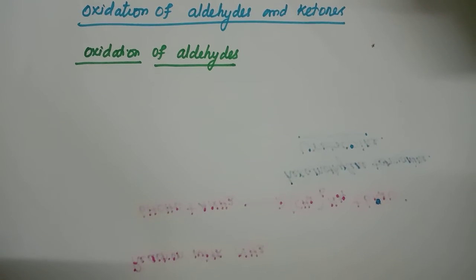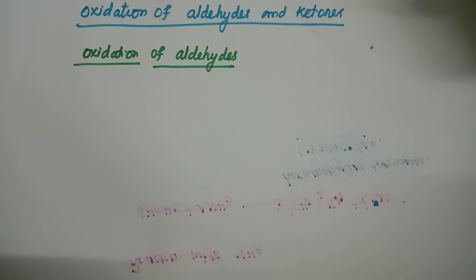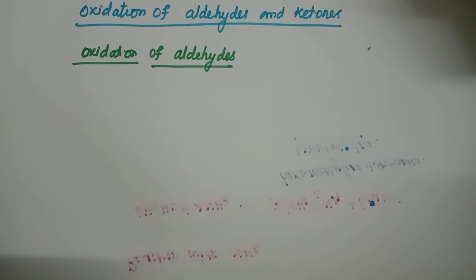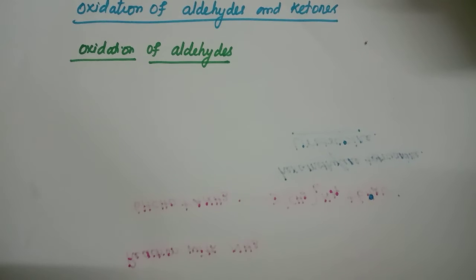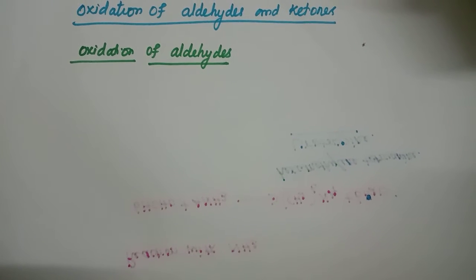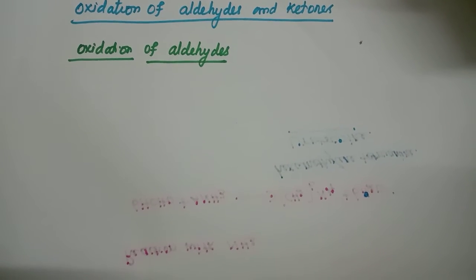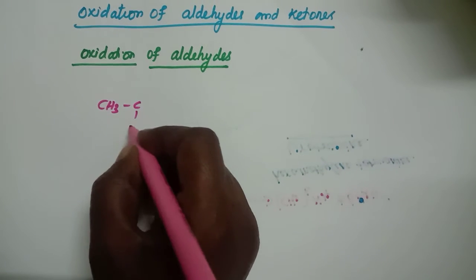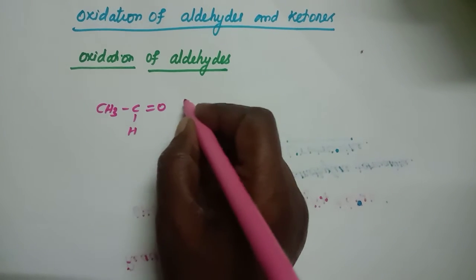First one is oxidation of aldehydes. Aldehydes are easily oxidized to carboxylic acids containing the same number of carbon atoms. Here potassium dichromate or KMnO4 is used as an oxidizing agent. For example, this is acetaldehyde.